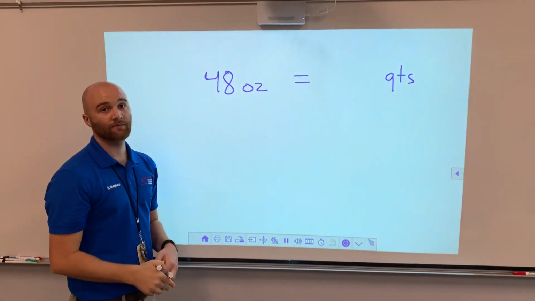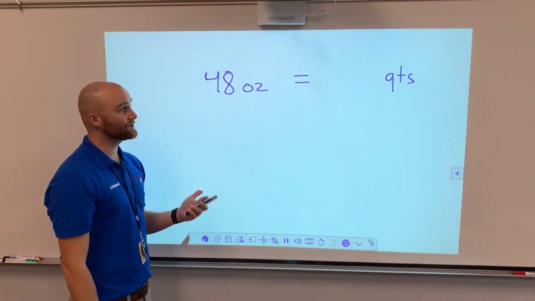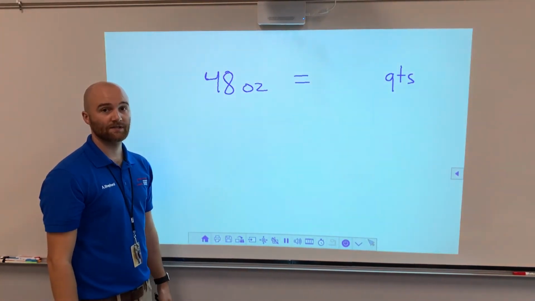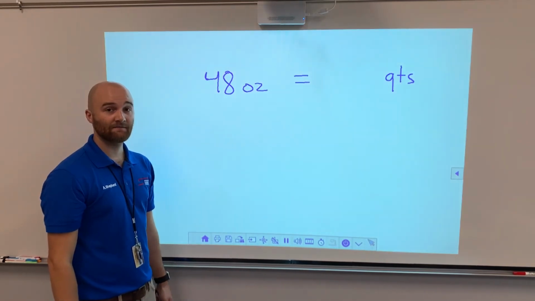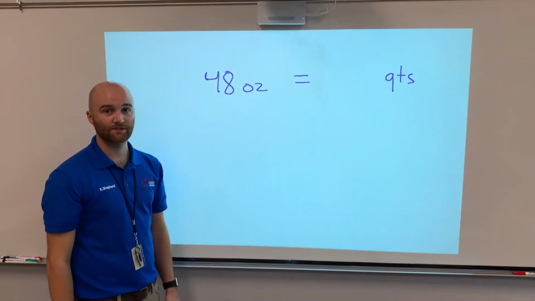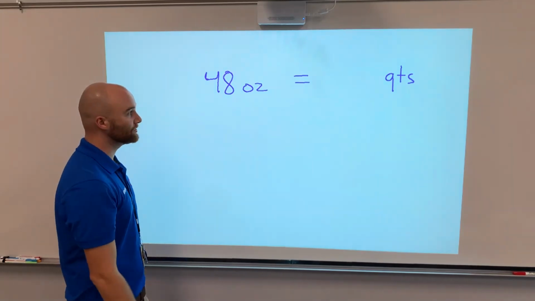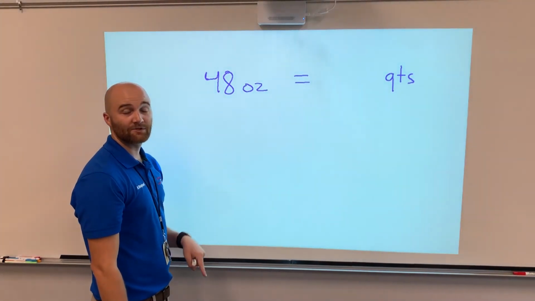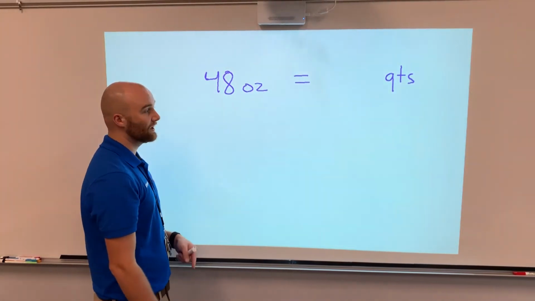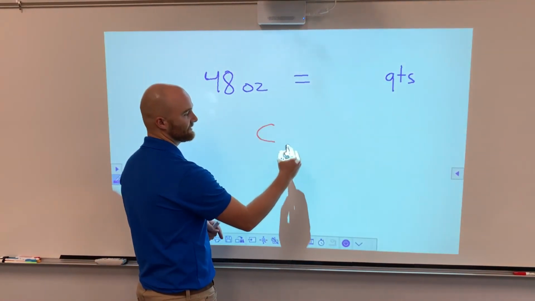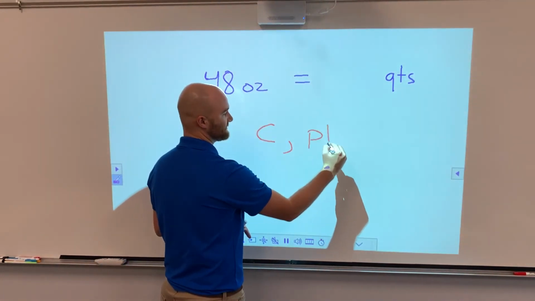But there's a problem. On my conversion sheet, it might not show me how many quarts that is, because there might not be a conversion between ounces to quarts. It's pretty simple. All we'll do is we'll say, what's in the way between ounces and quarts? Well, in the way I see cups and I see pints.